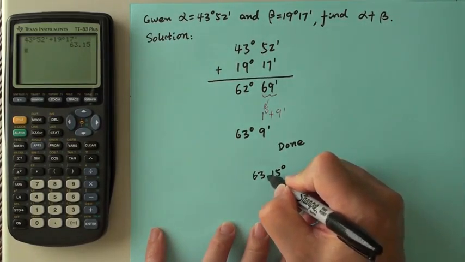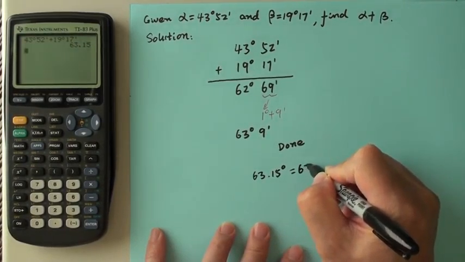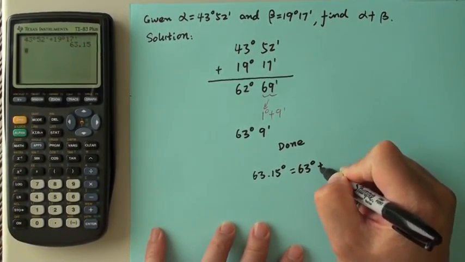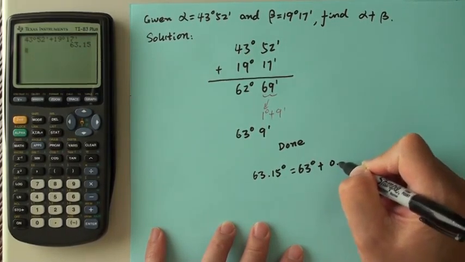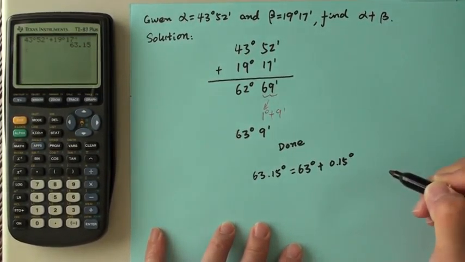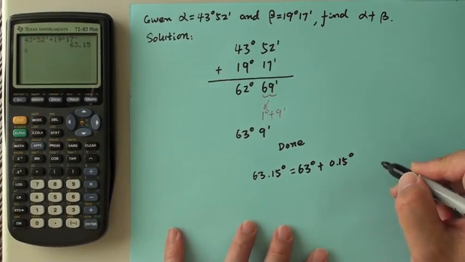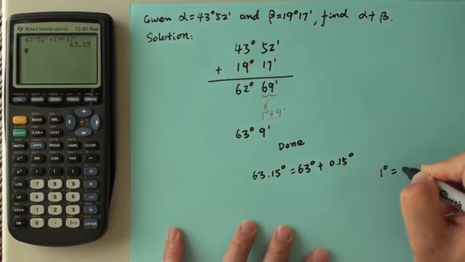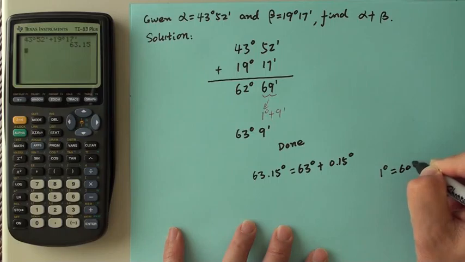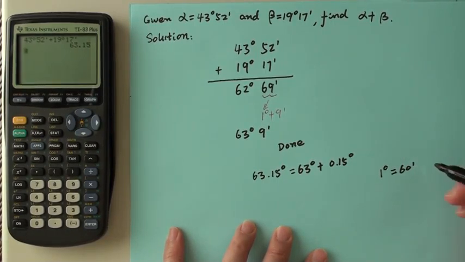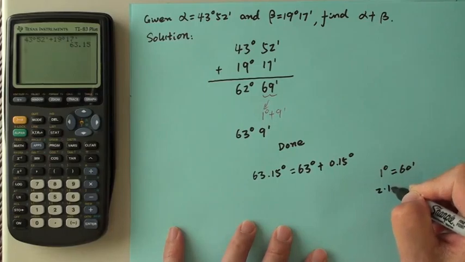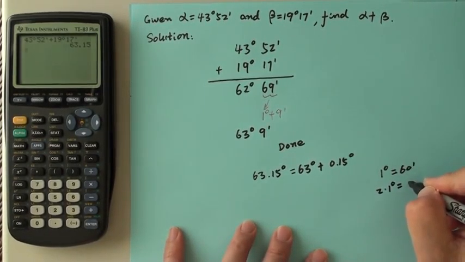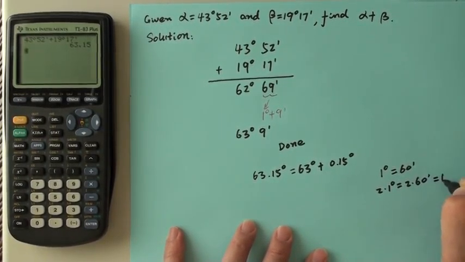Because here is 63 degrees plus 0.15 degrees. Remember, 1 degree is 60 minutes, and 2 degrees is 120 minutes.